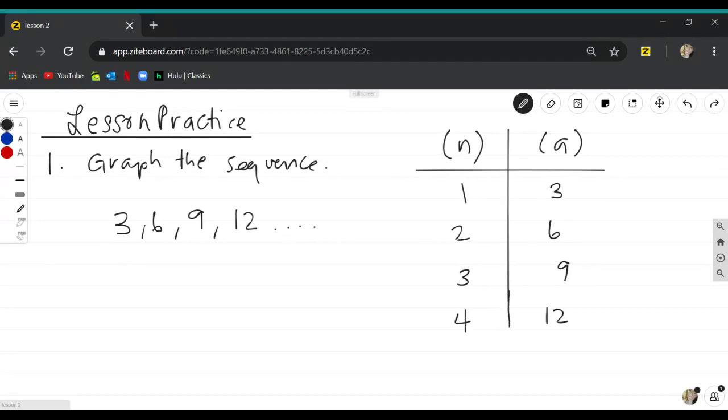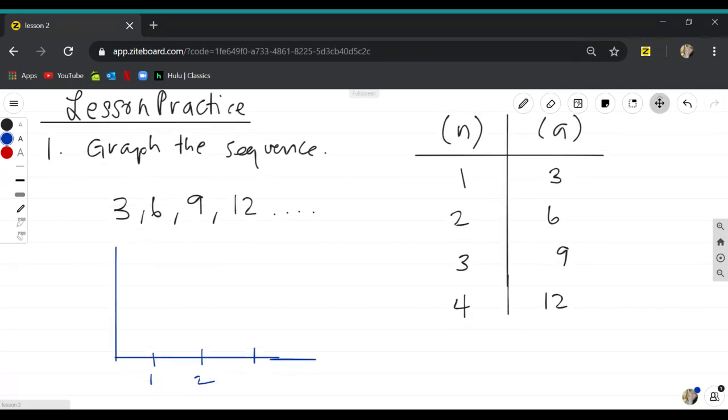Then we can go ahead and graph this. So this would be 1, 2, 3, and 4 right there. I'll do it by 3, 6, 9, and this would be 12.